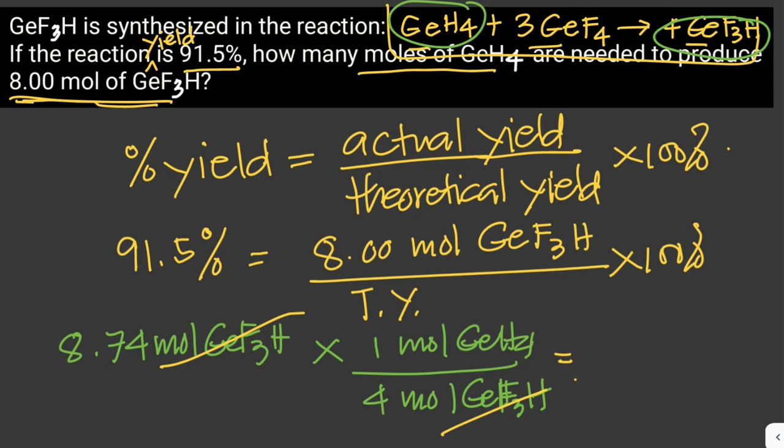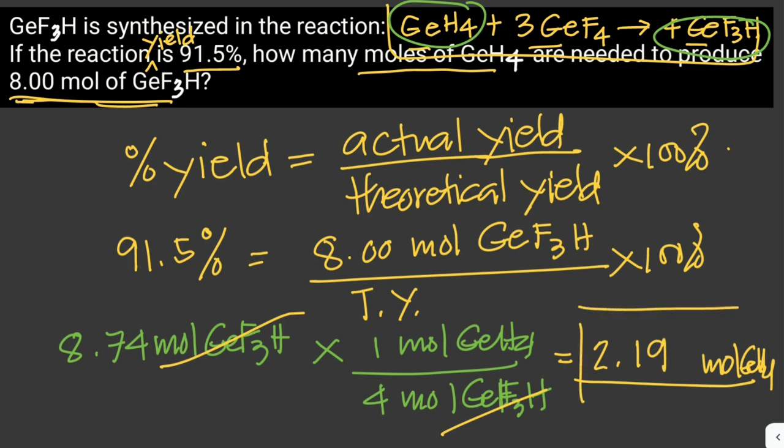Then we're left with the number of moles of GeH4. So that would be 8.74 divided by 4. This is approximately 2.19 moles. So this is the number of moles of germane that are needed to produce GeF3H.